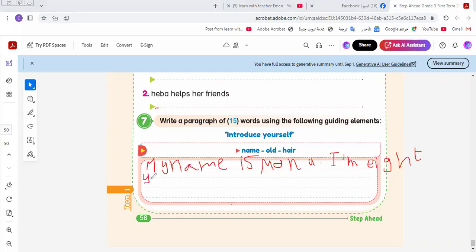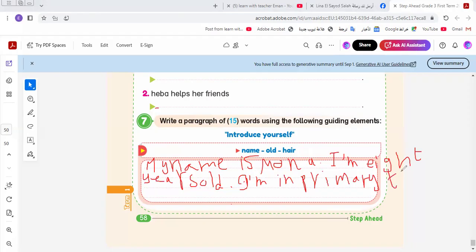So here it will be: I'm 8 years old. I'm in primary 3.